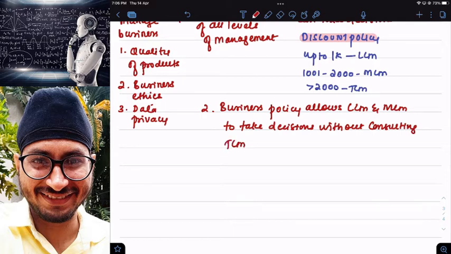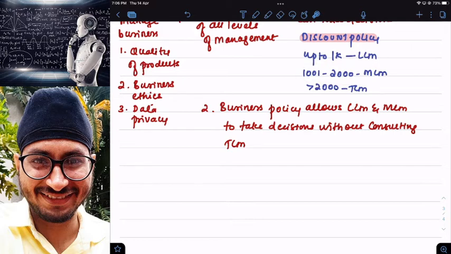Sir, business policy means it is an authority given to me. What is the authority given to me? To a lower level management, up to 1000 discount without asking anyone. You decide yourself whether to give or not. And again, for between 1000 to 2000, top level management told, don't ask me, you only take a decision.